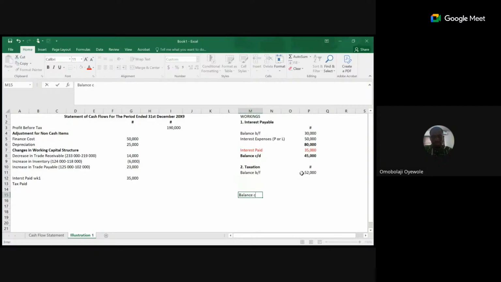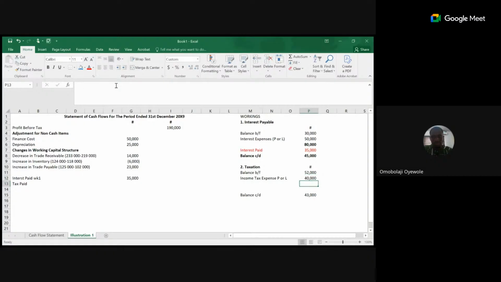Balance carried down, my closing balance, is 43,000. So in my income statement, my income tax expense, POL, is how much? 40,000.